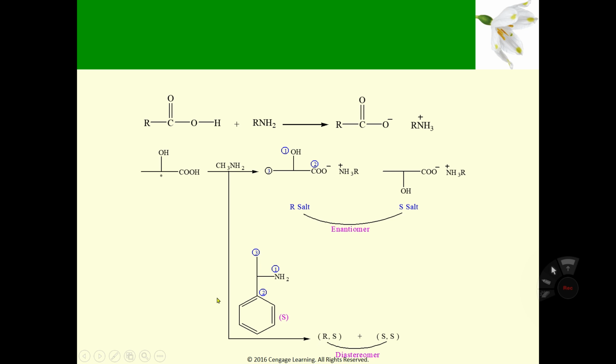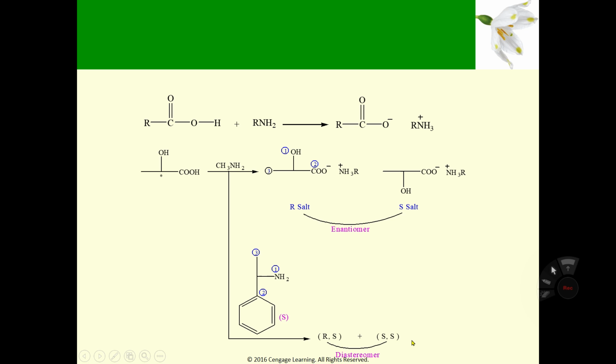This R comes from 50% of the acid, and S comes from the base, and this S comes from the rest of the 50% of the acid, and S comes from the base. Now, if you react the racemic mixture of an acid with a chiral base, then you will see a mixture of RS and SS. They are in a diastereomeric relationship.